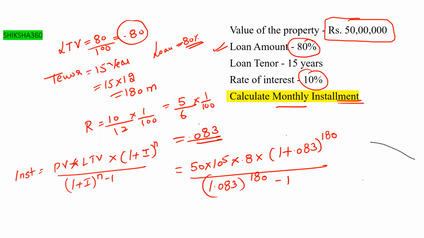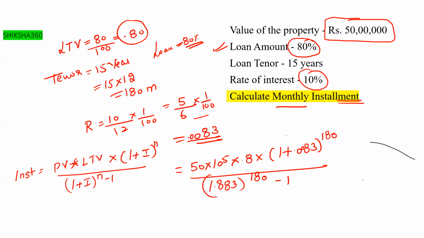One thing: this value is 0.0083, so add one more zero here. When we calculate this, you can do it directly on the calculator.